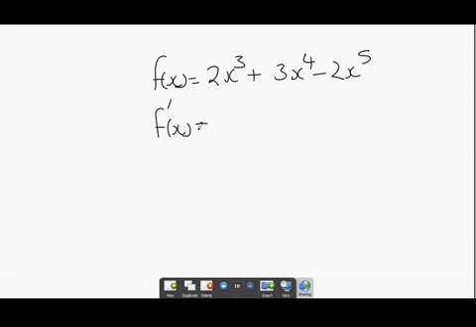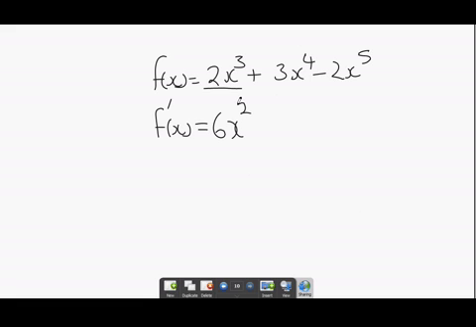So f prime of x would then give us, now we differentiate each term individually. So in this case, we start with the first one. There is 2x cubed. The 3 comes and multiplies with the 2 to give us a 6. And obviously we subtract 1 from the 3, we get x to the power of 2. That is fair enough. Then we go to the next one. It's plus 3x to the power of 4.